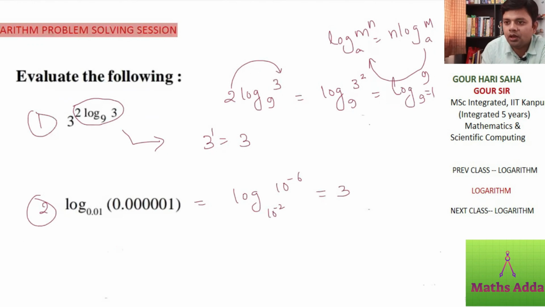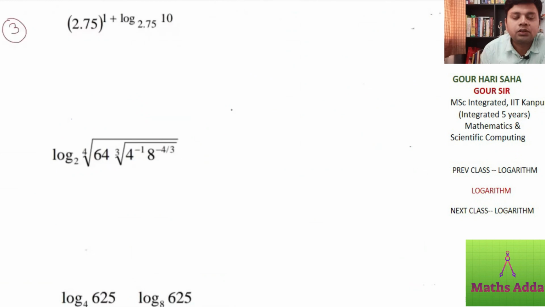Let's do more questions. Third one, 2.75 to the power 1 plus log this. So initially it is kind of a to the power m plus n, right? Which will be a to the power m into a to the power n.